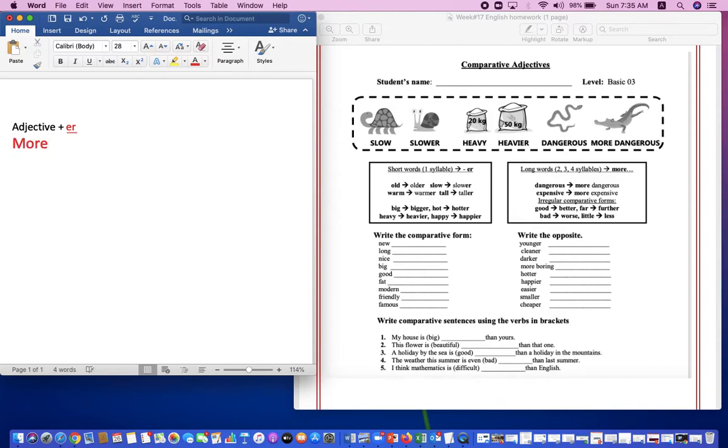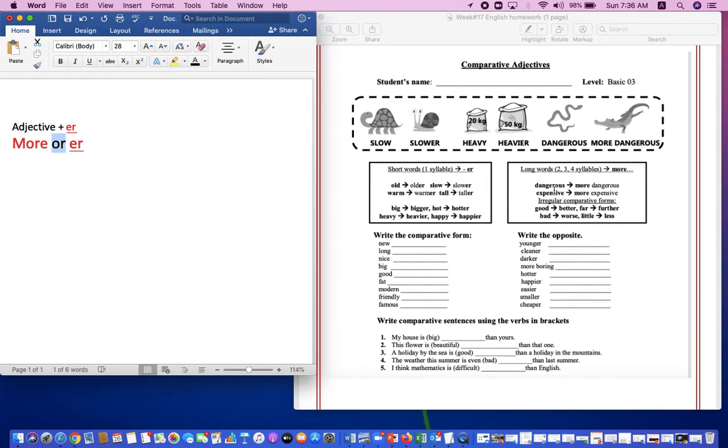So it's either -er or more. Either one of them you will add. I cannot put more and -er for the same word. So it depends on what I add, more or -er. It depends on the adjective itself.